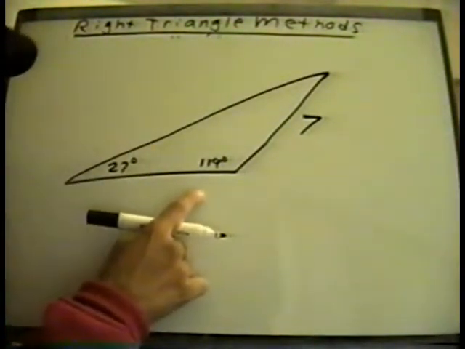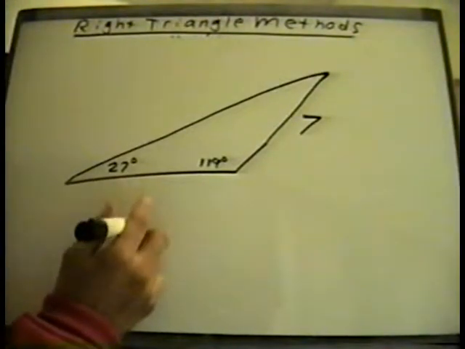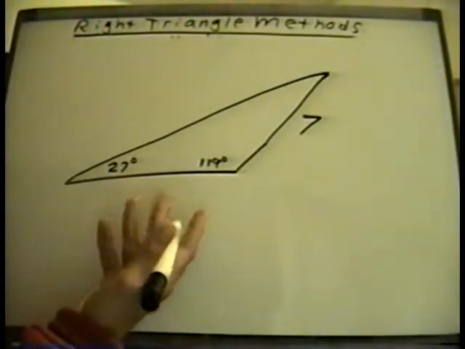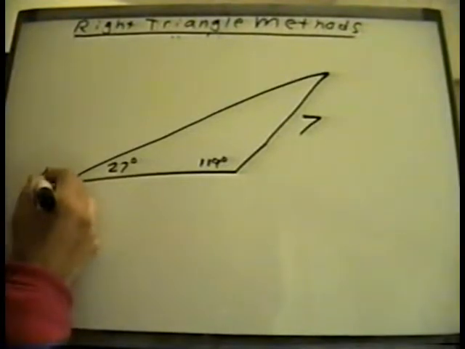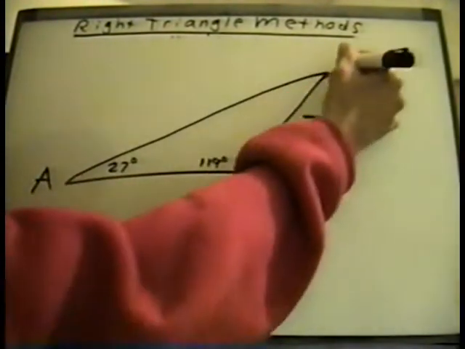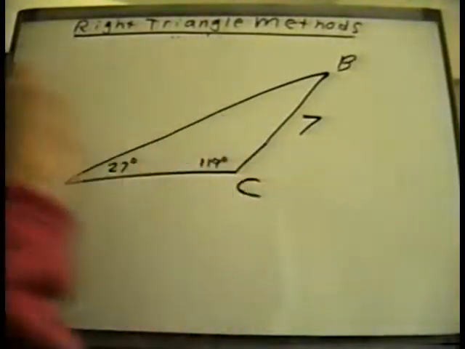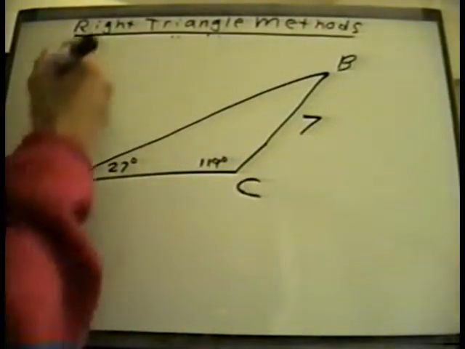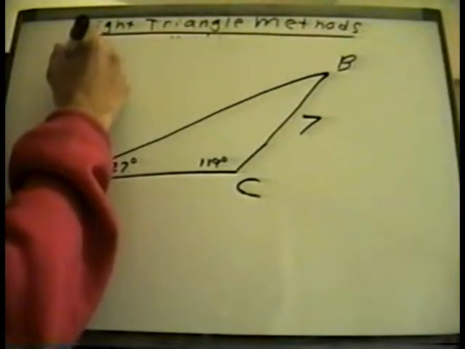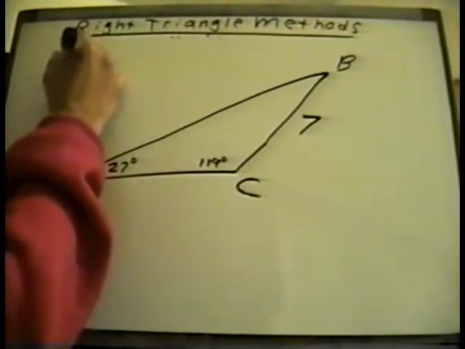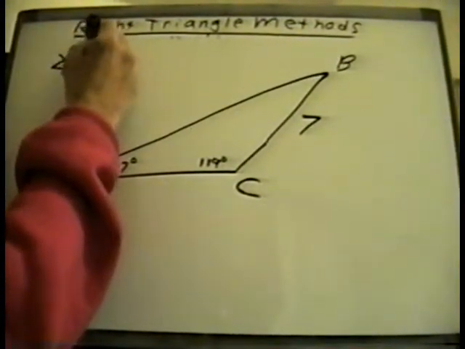Now here, we're going to apply the right triangle method to this oblique triangle here. Okay? Now I want you to write this down. We call this triangle ABC. Okay?